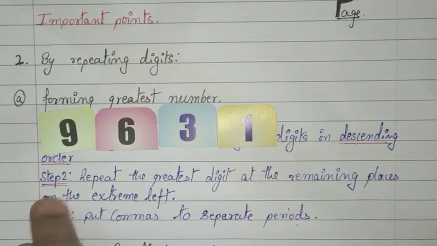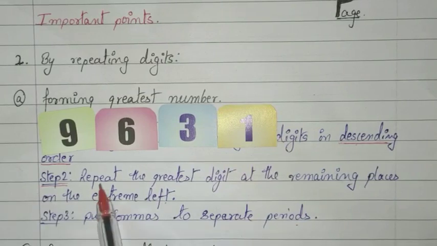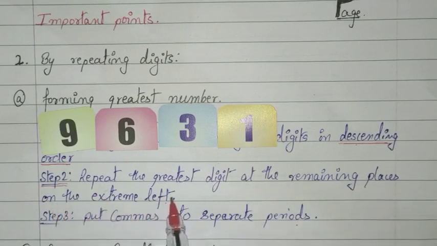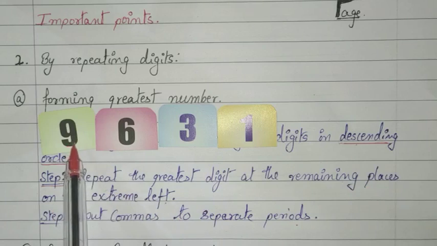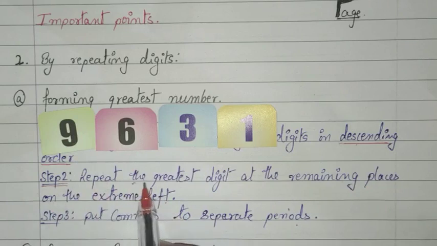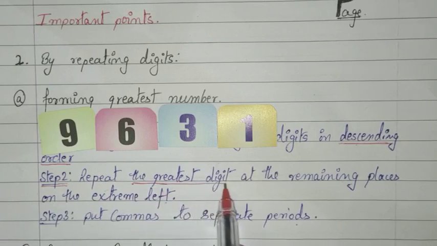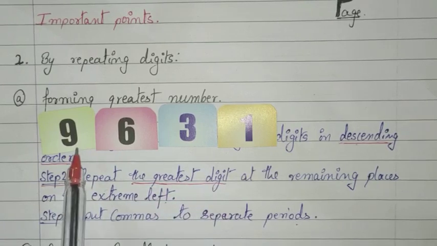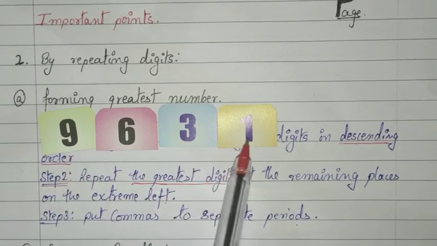Now what is step 2 saying? Repeat the greatest digit at the remaining places on the extreme left. You have to form a 5-digit number from these 4 digits. So which digit do you have to repeat? You have to repeat the greatest digit to form the greatest number.